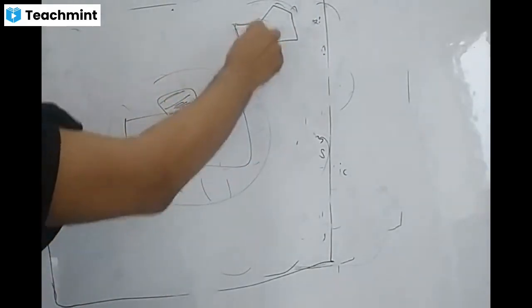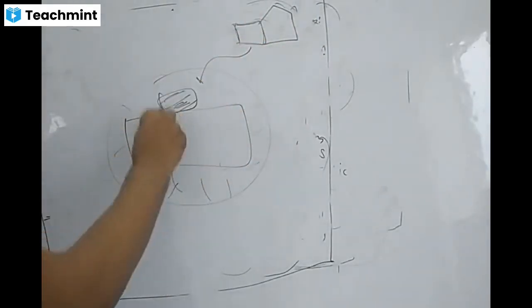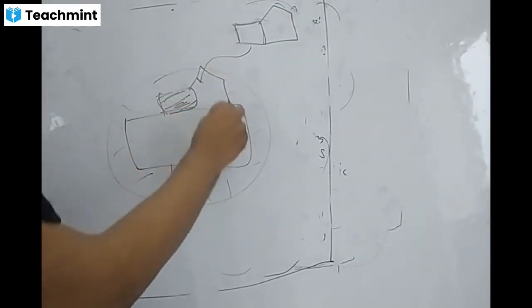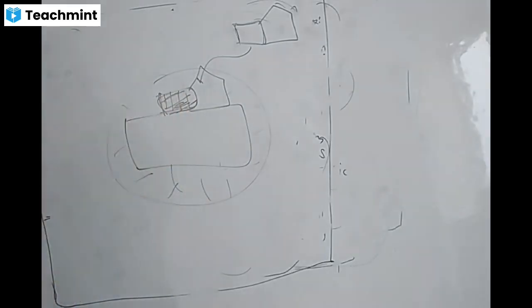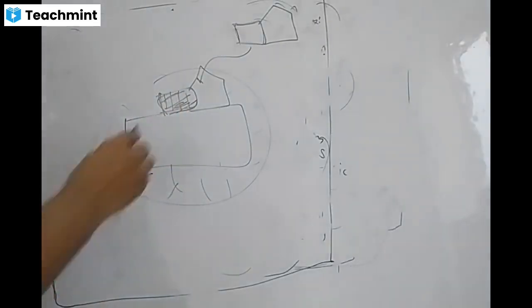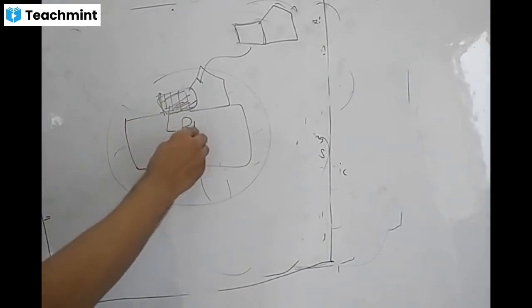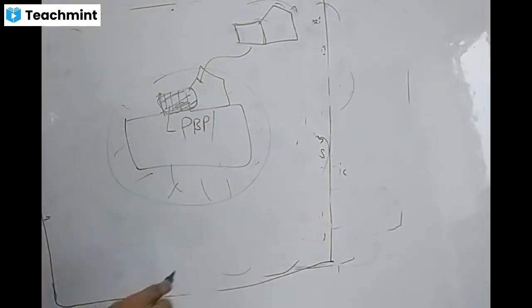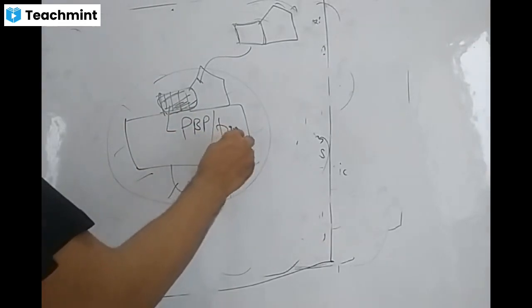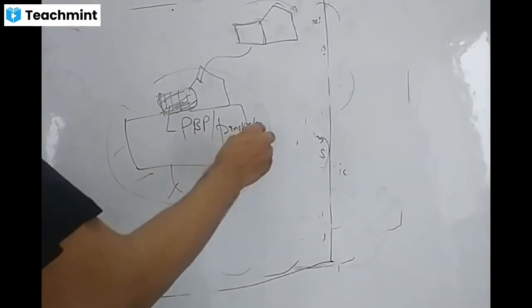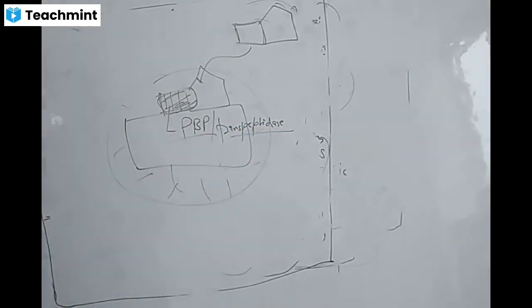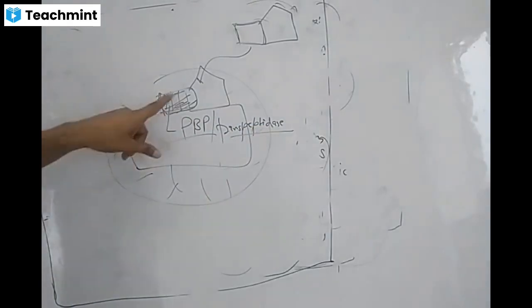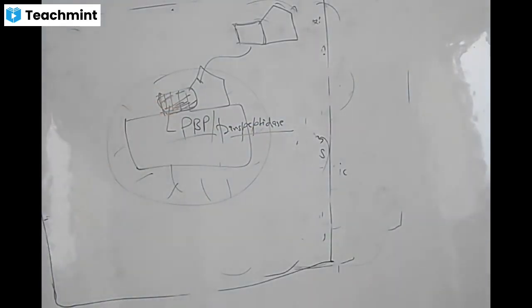This beta-lactam box comes and fits into this. This is the target of beta-lactam or penicillin, and this target is known as penicillin binding protein. One more name is transpeptidase enzyme. So PBP is the target for the penicillin group.